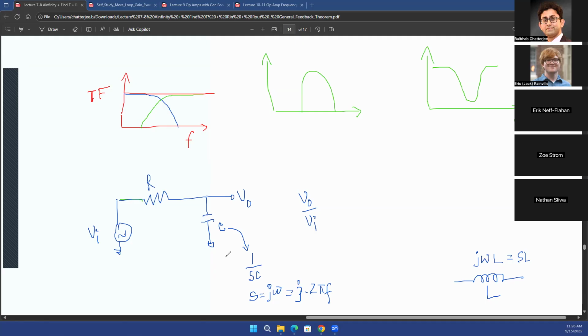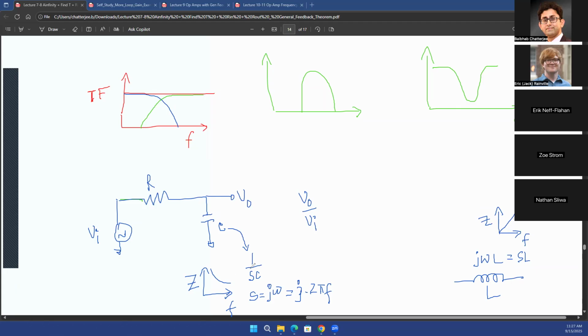So for a capacitor, if you're plotting the impedance Z with respect to frequency, the impedance will fall. For an inductor, the impedance will rise with frequency. And it rises linearly because this is j omega L. So as your frequency increases by 10 times, Z will increase by 10 times and so on.